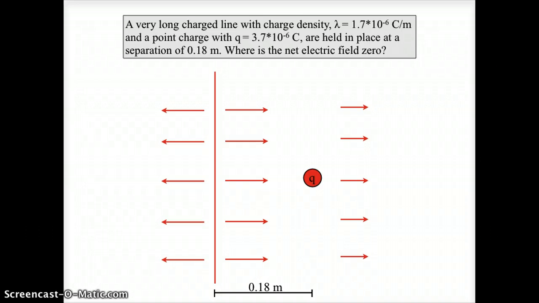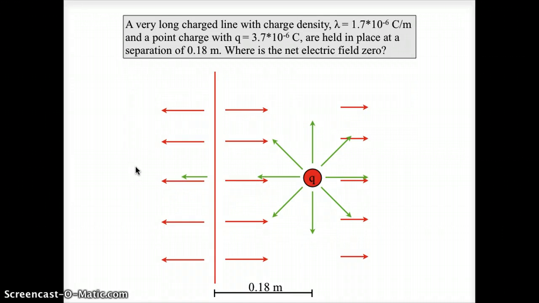So I'm drawing it pointing away from our positively charged line, and I want to make sure I show it in each region: to the left of the line, in between the line and the charge, and to the right of the charge. In a different color now, I'll draw the electric field due to the point charge. So again, it points away from the point charge, and I'm drawing this in each region here.